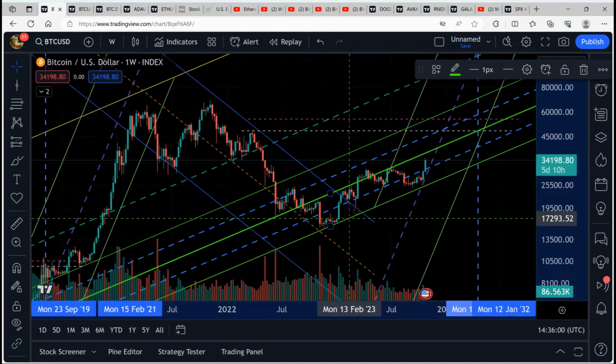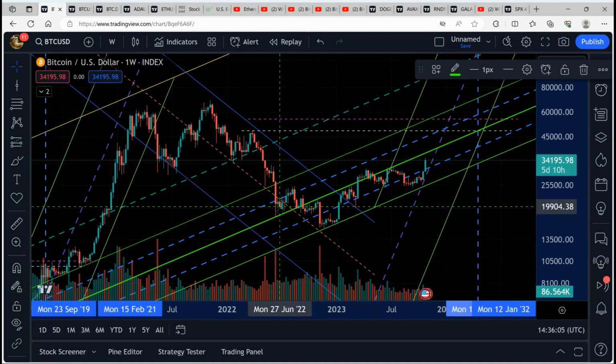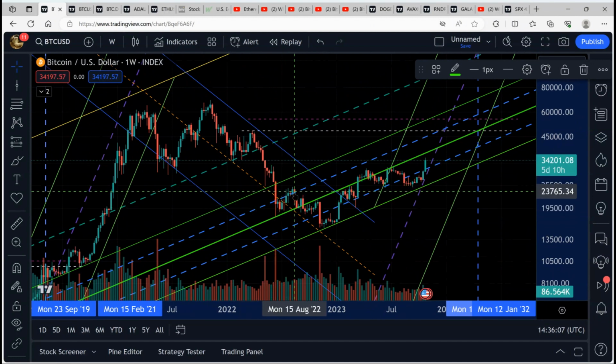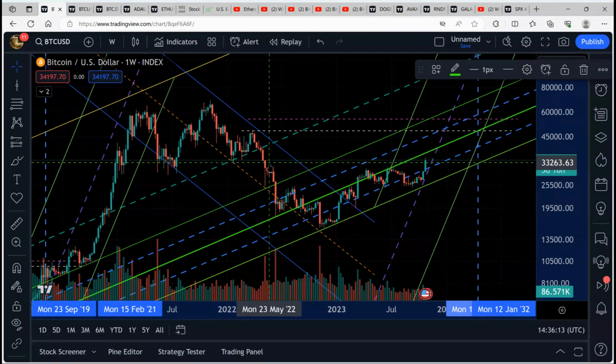So, no. You can see that we also trade in this channel here. A little bit up there. Came right up there, just went down right to it. And you can put these channels one on top of another.